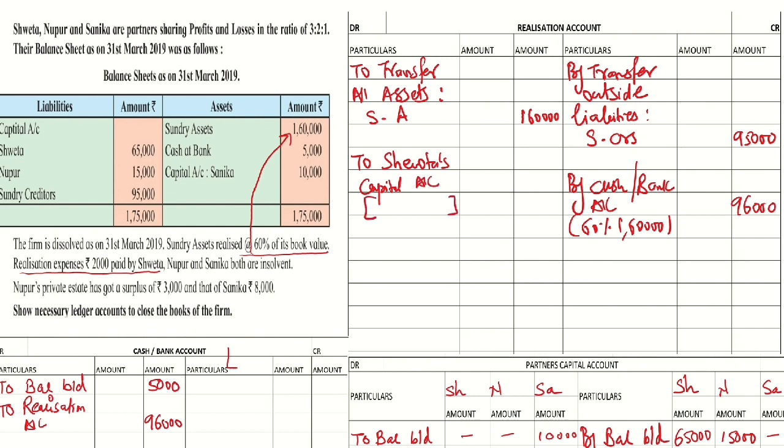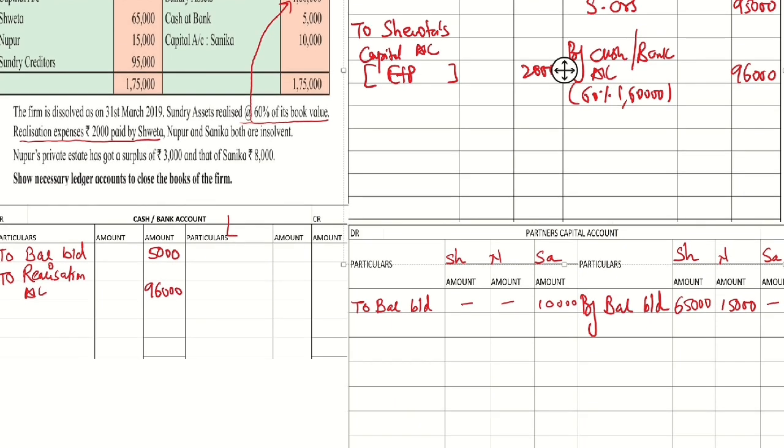We will write over here expenses 2000 rupees. Sweta is the giver, so we record on the partners' capital credit side, by realization account, in Sweta's column 2000.